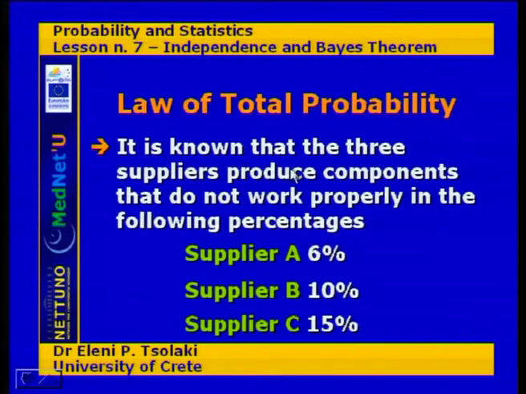Now, the 3 suppliers produce this component, and the component does not work properly. 6% of the components produced by supplier A do not work properly, 10% of supplier B do not work properly, and 15% from supplier C do not work properly.